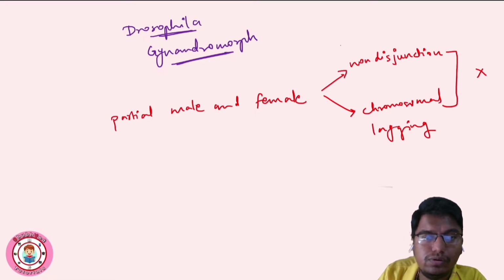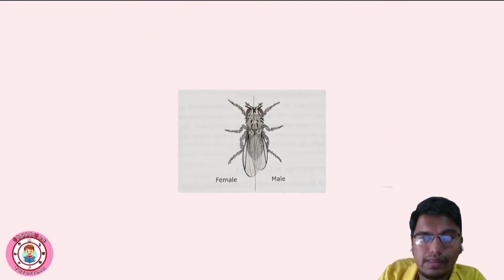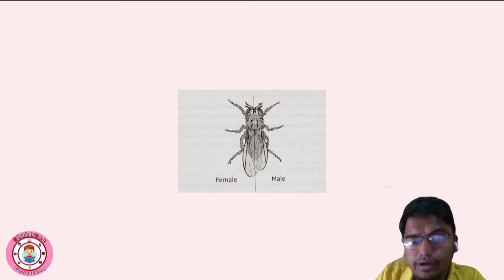If this occurs, there is loss of an X chromosome in mitosis, and thus the body does not form properly. This is the result: half the body is female and half the body is male.